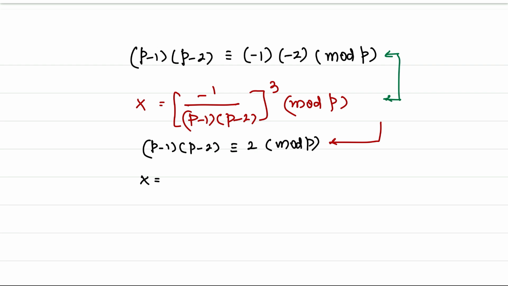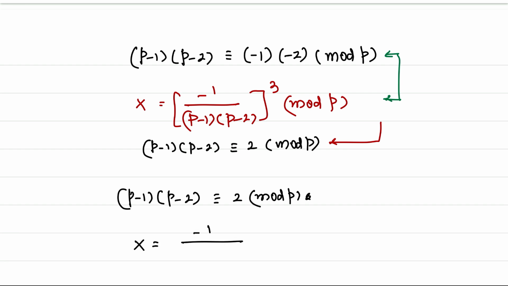Are you able to understand? I will write again. Please try to understand this step. (P minus 1) into (P minus 2) equivalent to 2 mod P. And x is equal to minus 1 by (P minus 1) into (P minus 2) whole cube mod P. Because mod P is there in both, we are connecting them.